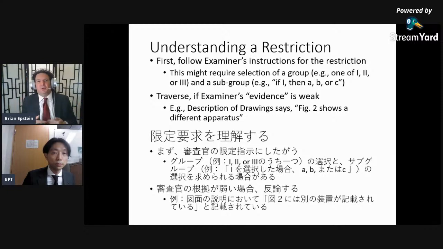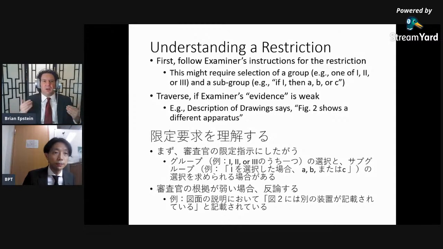I don't know why the application might make this kind of statement, but it's common, right? Maybe the person that drafted the application wasn't thinking, maybe the figures got moved around and the description of the drawing section just wasn't updated. Maybe there was an issue in translation.